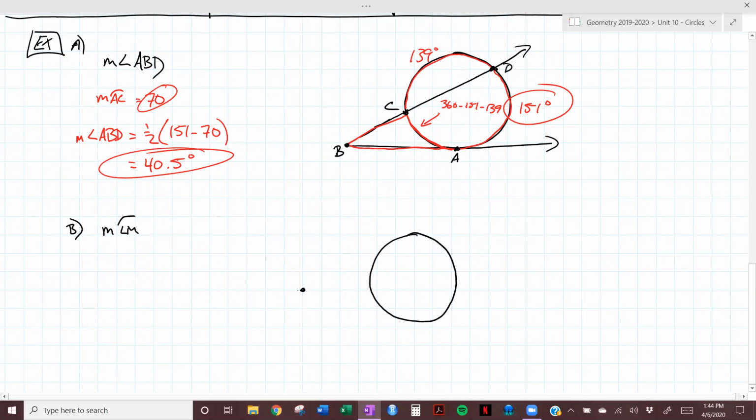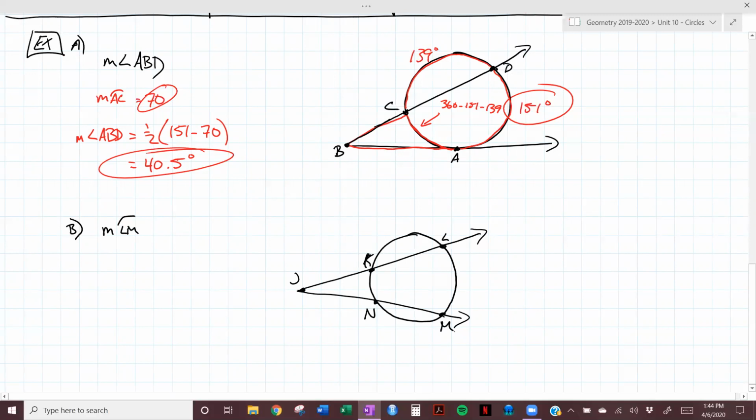There we go, right there. Have another one here. So we have points here, here, here, and here. So this is J, K, L, N, and M.